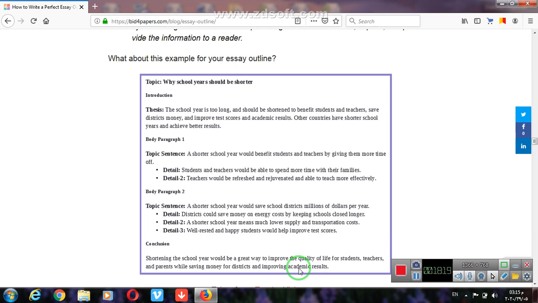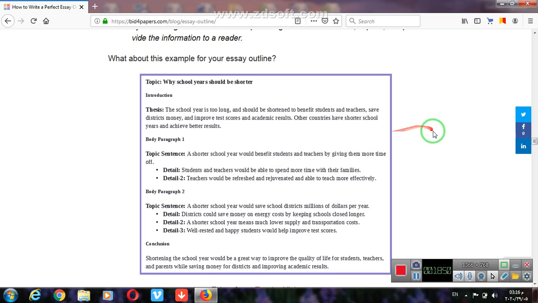As you see here, my students, the outline, all in all, must be related to each other and must speak about the same main idea. Okay. Later, you use the ideas here and the topic sentences in the outline to develop your essay writing. Okay, so all these ideas help you to develop your essay later on.